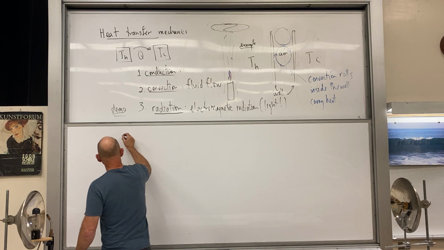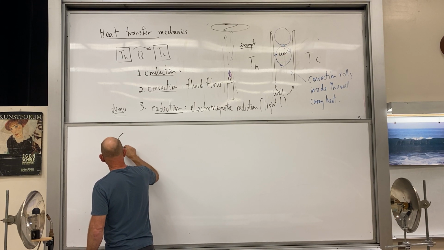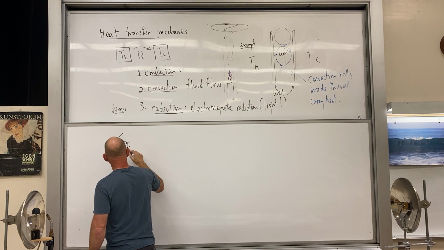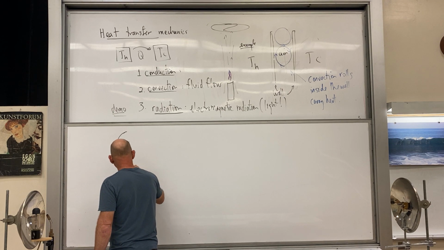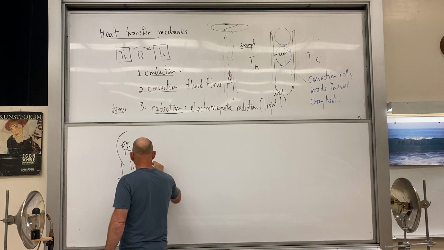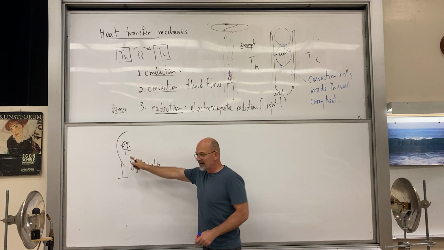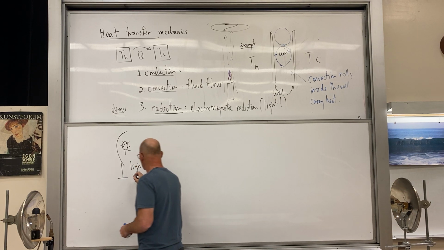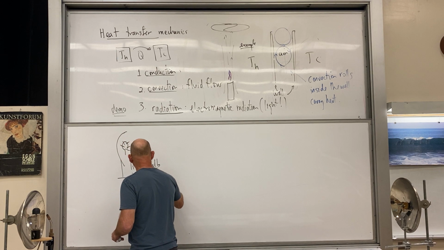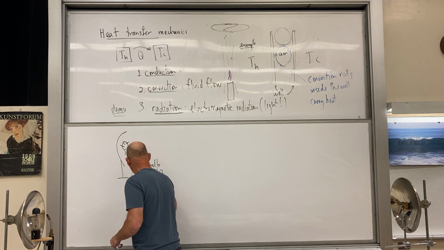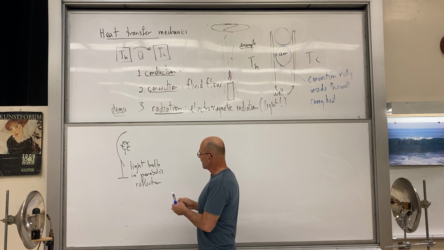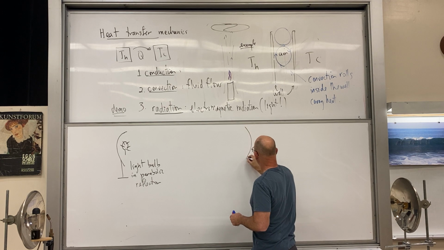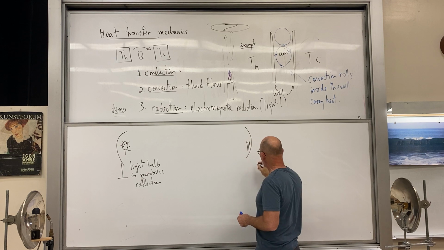So the demonstration was, we had a very bright light here, a light bulb, and we could say that's a parabolic reflector. And over here we had those matches.